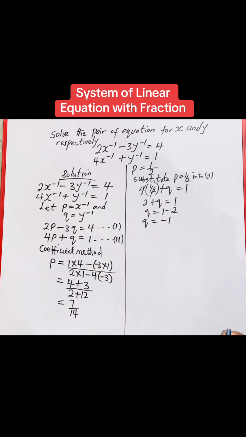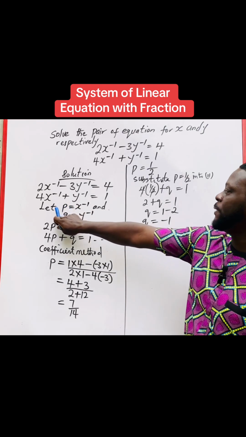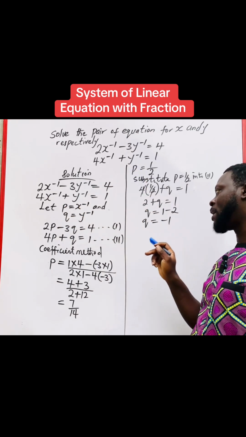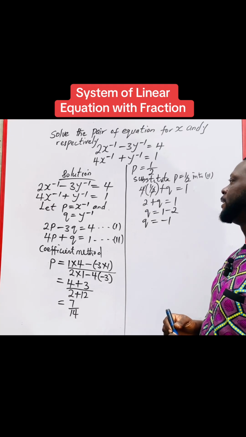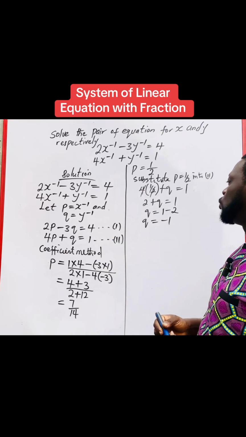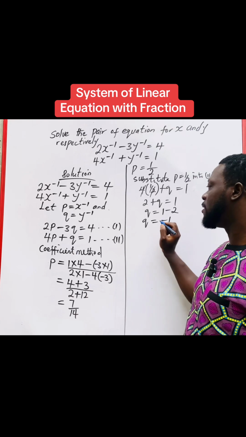So what we now do, we recall that we said let p equal to x raised to the power of minus 1. So you have to return back to the variables in the question, which are x and y. So we need to get the value for x and the value for y.